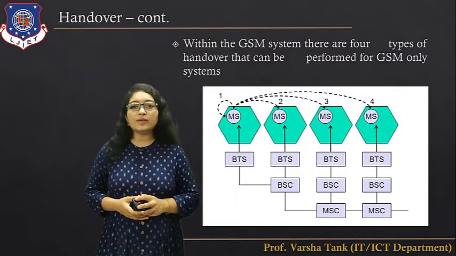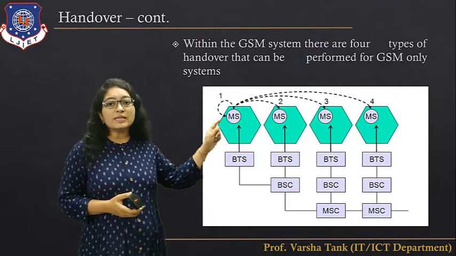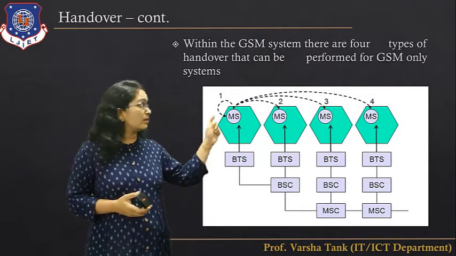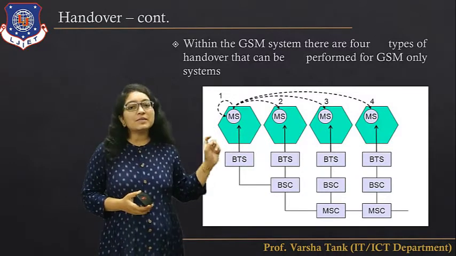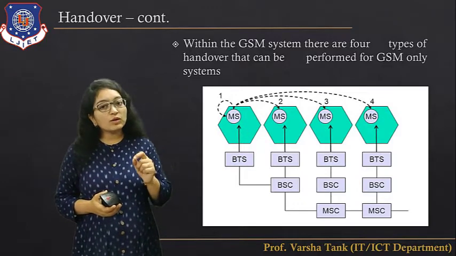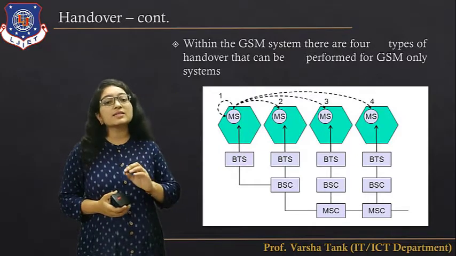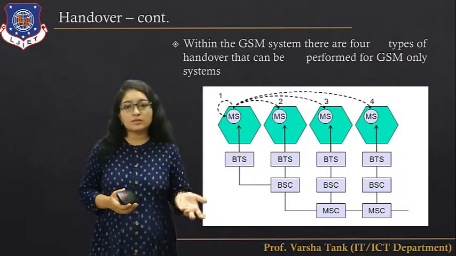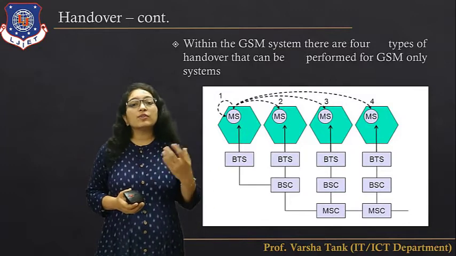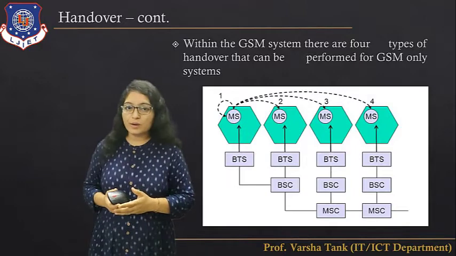So let's see it in the figure, so you will have a better idea. You can see here, number 1 is an intra-cell handover within a particular cell only, where the device is not moving, but because of a weak signal or if the frequency requirement is not fulfilled, this type of handover will occur.